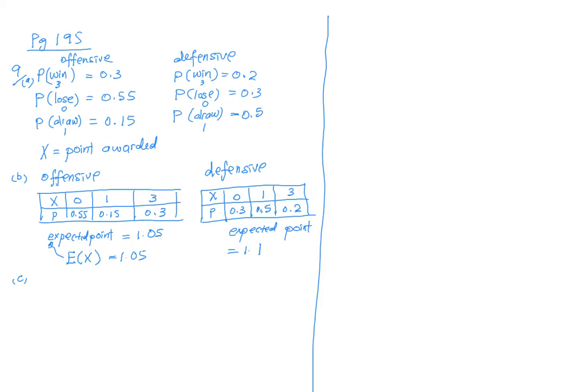Defensive, because, give me a reason. The expected point is higher. Yes, because in the long run, the expected points gained by the defensive strategy is 1.1 points, but for offensive, it's only 1.05 points.